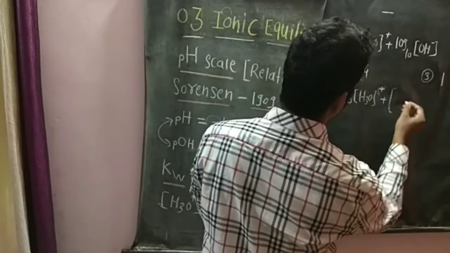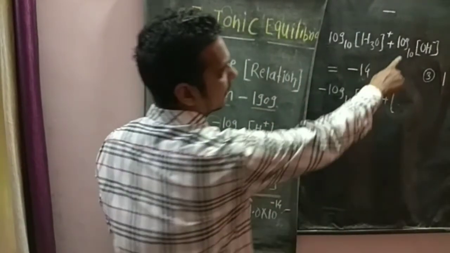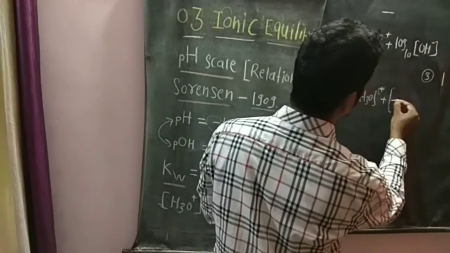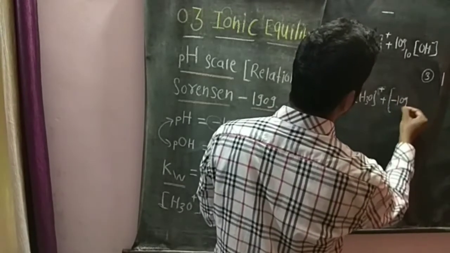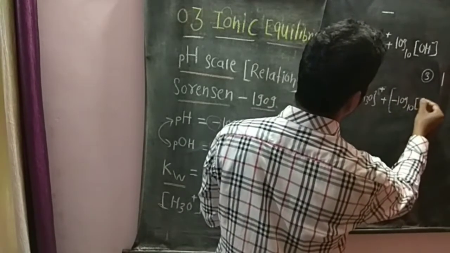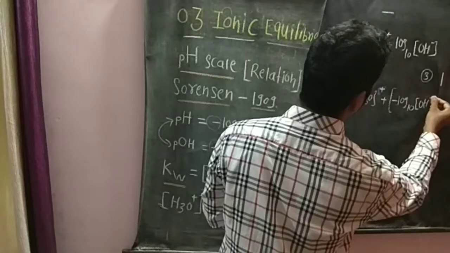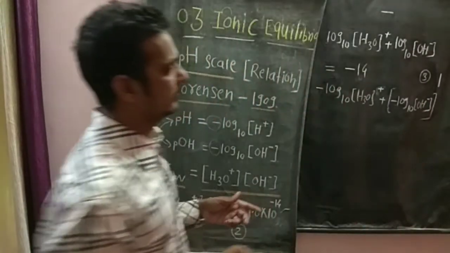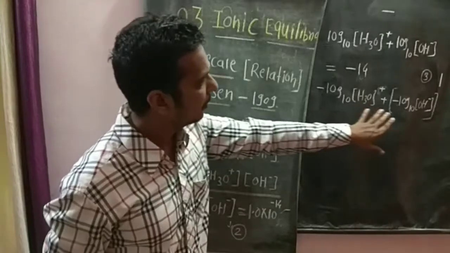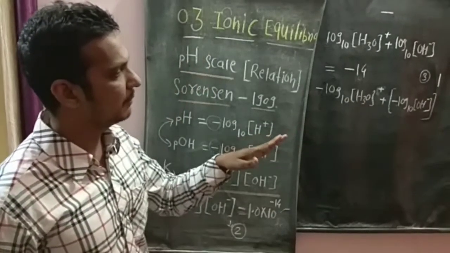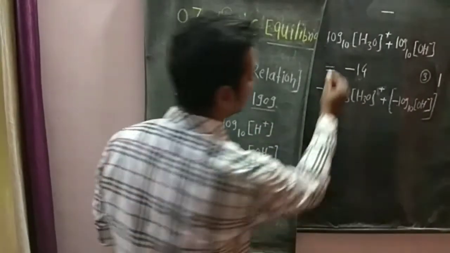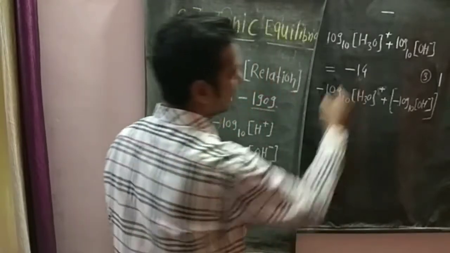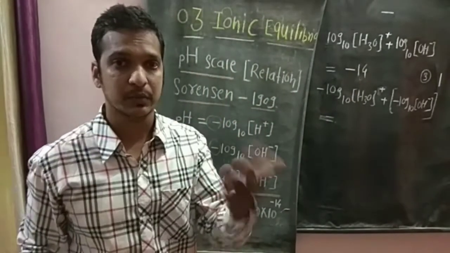Here also we multiply this term by minus 1. So minus log to the base 10 concentration of OH minus, bracket complete. On both sides of the equation we multiply by minus 1, is equal to minus 14 into minus 1, so 14.